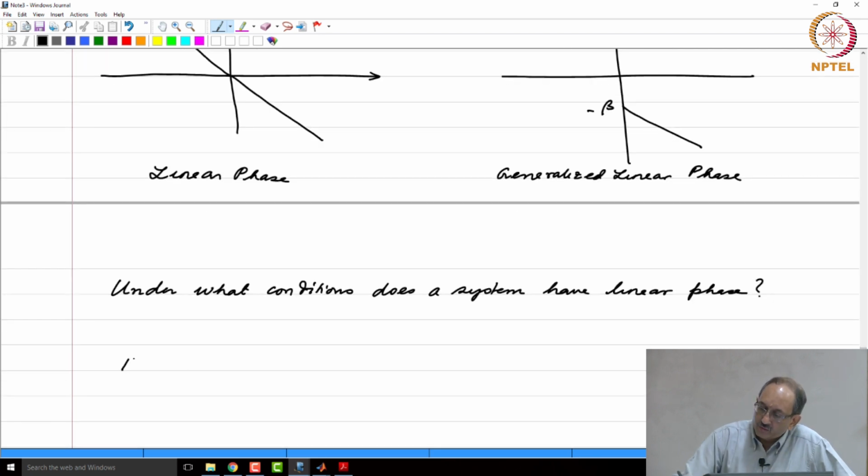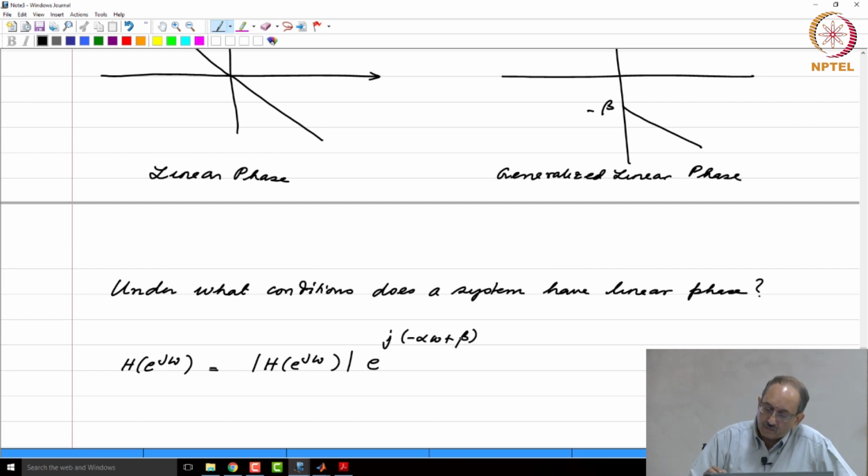So, what we do is we write the frequency response as magnitude times e to the j phase angle, but now the phase angle is not something that is arbitrary, but it is precisely linear phase. So, we are imposing this phase on the frequency response, and we will see what condition has to be satisfied if this is imposed.